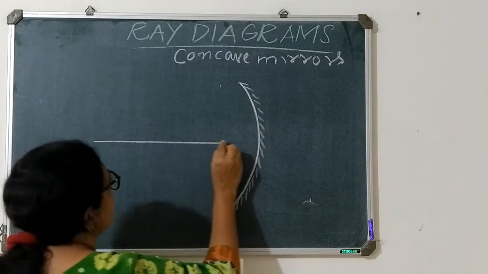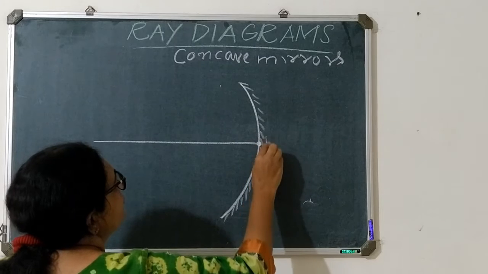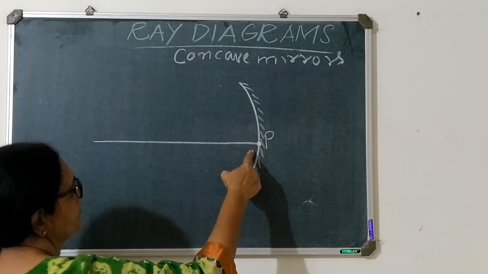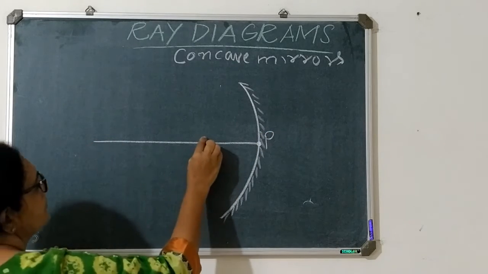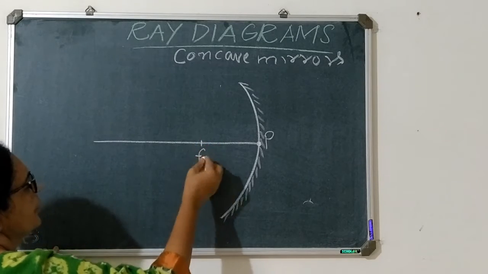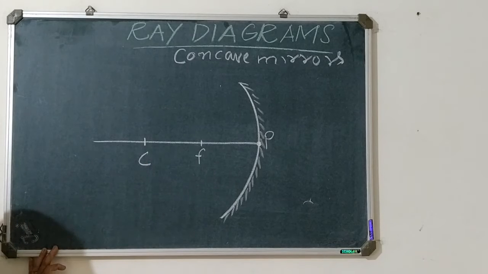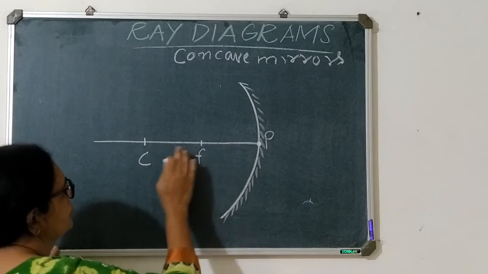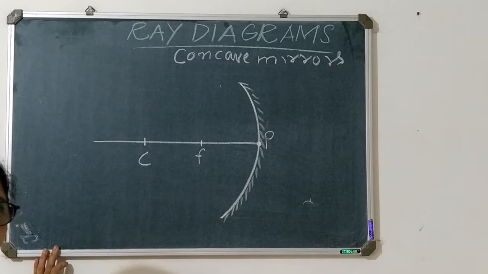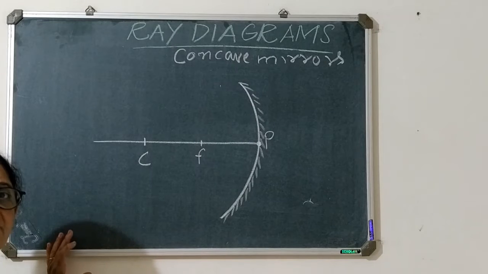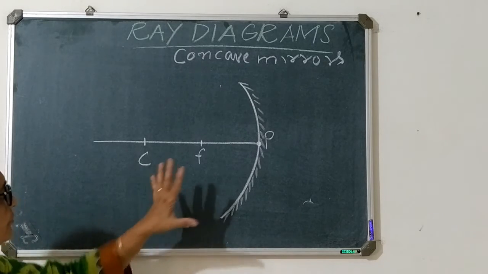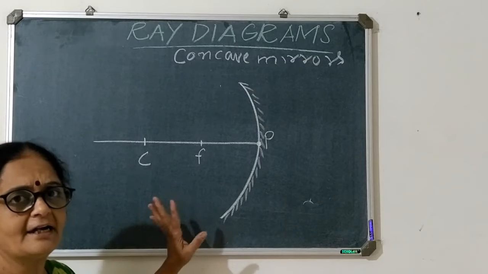You will draw the pole, you will draw the principal axis, you draw the focus and the center of curvature. You can take a distance of 2 centimeters and draw it properly. I am doing it without the scale. So first, this much should be ready for all the diagrams.